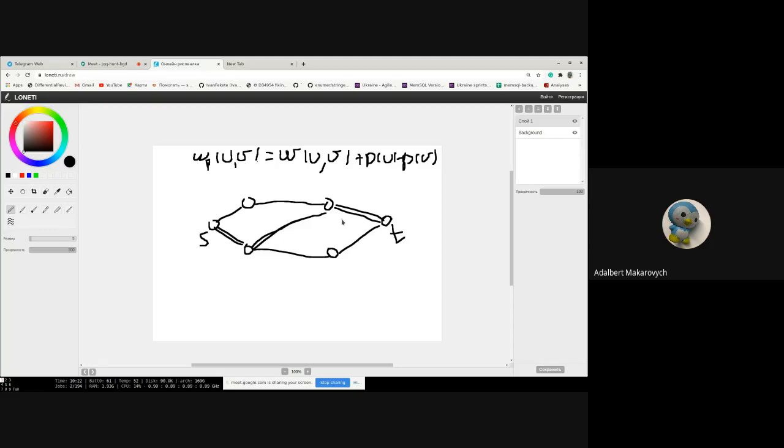All the potentials compensate each other except the potential of the source and the potential of the sink. So the sum of potential weights on the augmenting chain is the potential of the source plus the distance from source to sink minus the potential of the sink.